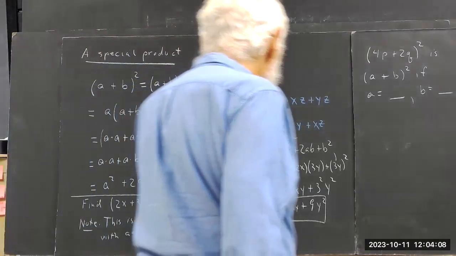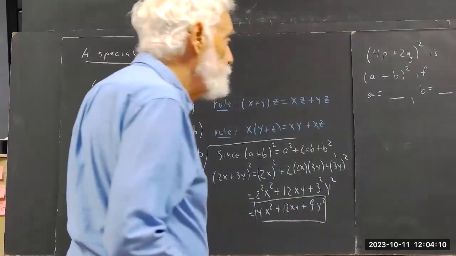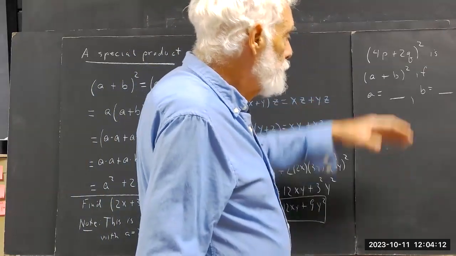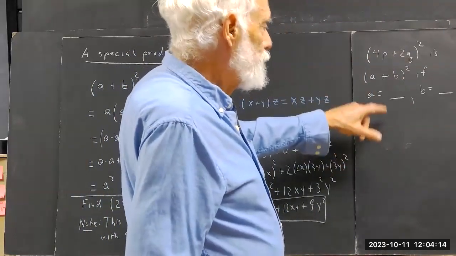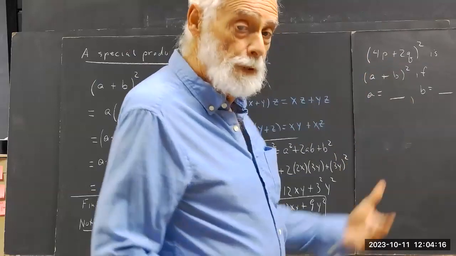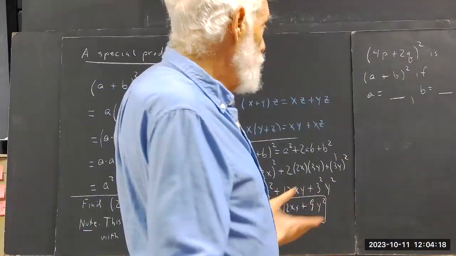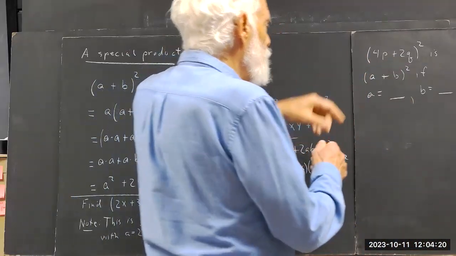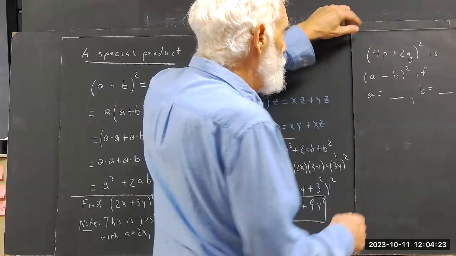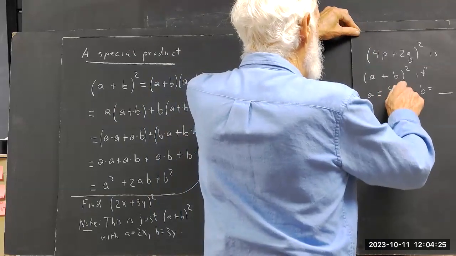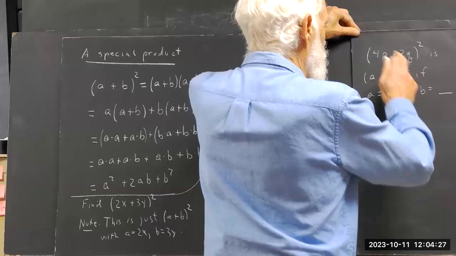Okay, we did quite well with this. Most everybody here just skipped this step, identifying a and b, because they saw right away what it was. That's great, but just in case, a is going to be 4p, and b is going to be 2q.